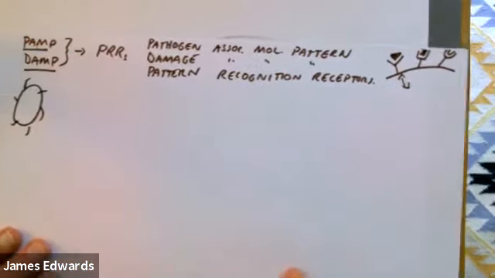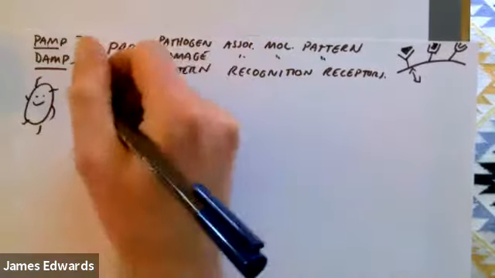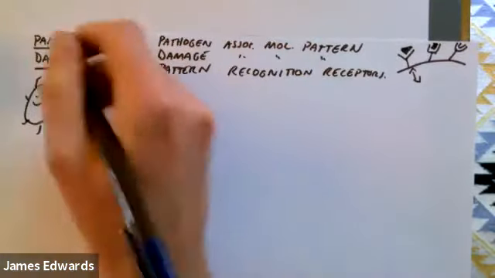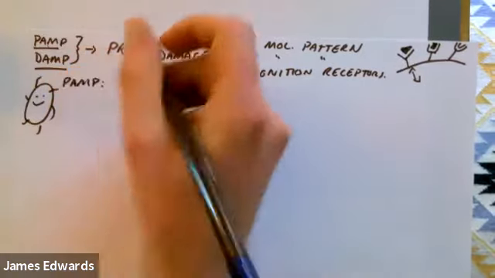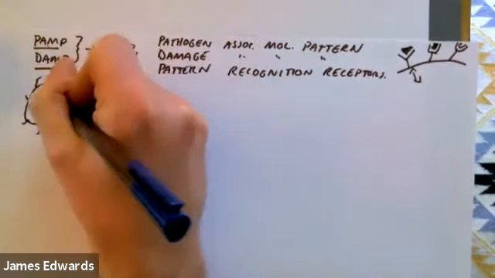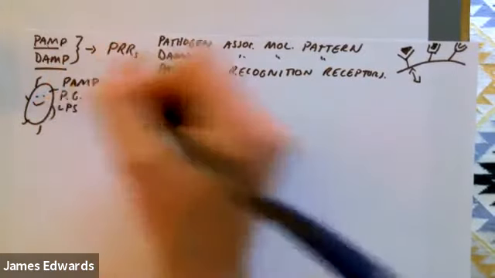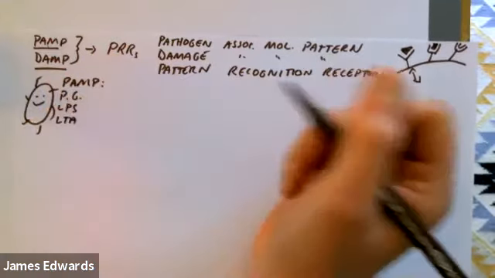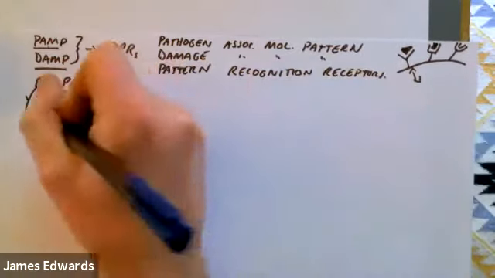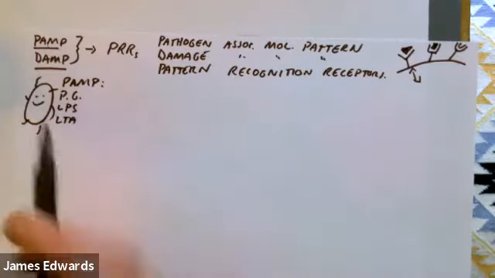Here we have a generic pathogen. What kind of specific molecules are we going to find? Thinking about bacteria, we're going to have peptidoglycan. In gram-negatives, lipopolysaccharide, and in gram-positives, lipoteichoic acid. There are other specific molecules, so inner and outer membrane molecules.